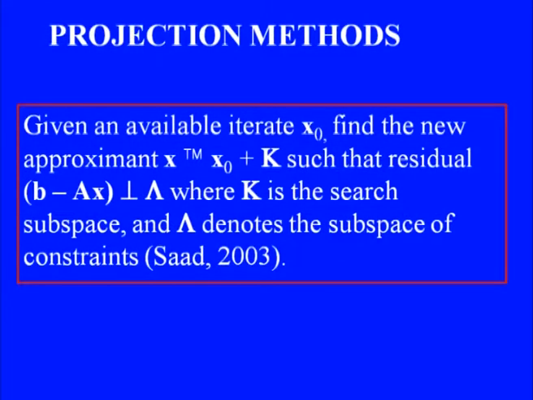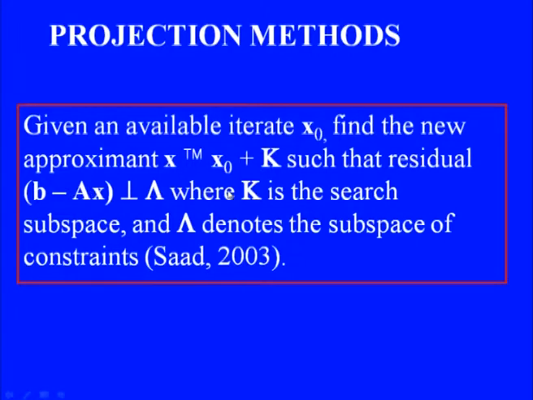Now, what is a projection method? It is again an iterative scheme, and here we will introduce some terms from vector algebra. Given an available iterate, let us say x naught, we have to find a new approximant x from the set of vectors x0 plus K, such that the residual b minus Ax is orthogonal to a subspace which is shown as lambda here.